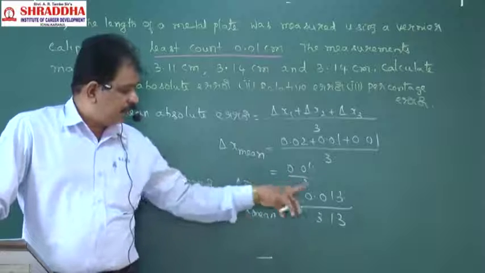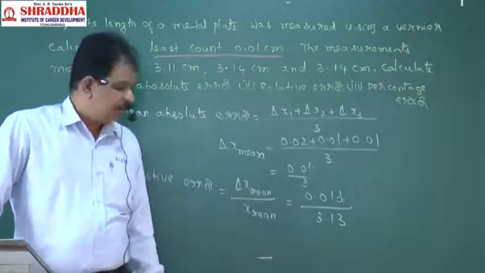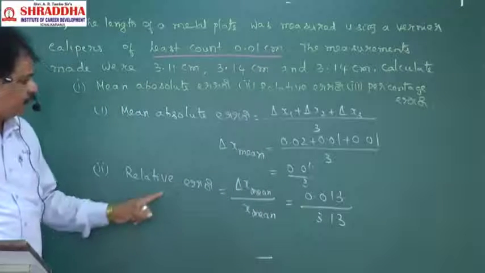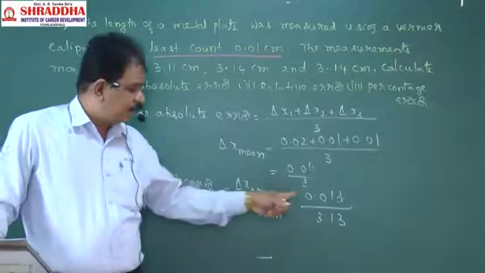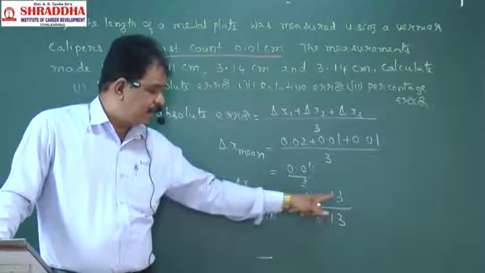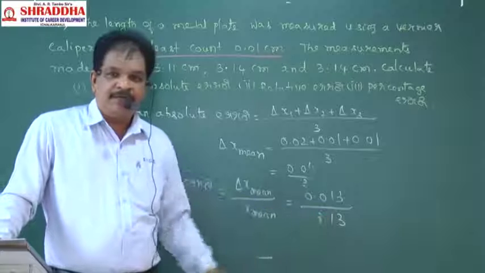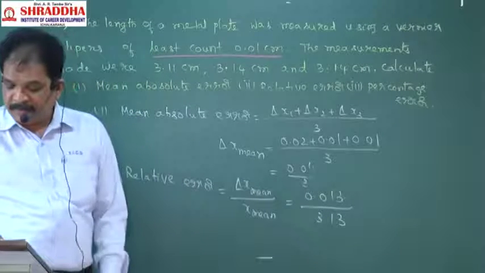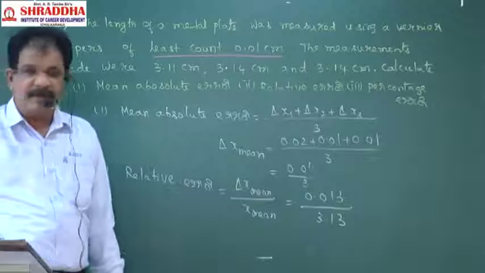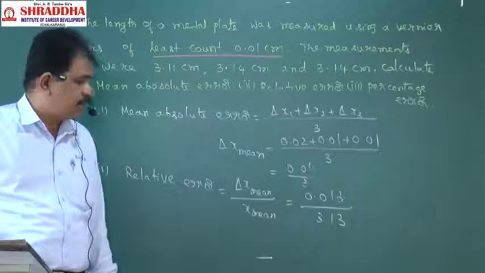If it is multiplied by 100, that value will be equal to percentage error. So percentage error is 1.3 by 3.13.